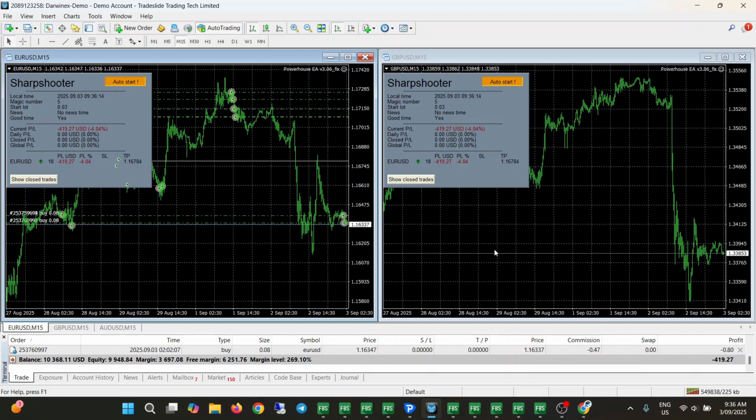But basically I had this laptop closed last night because all the accounts were invalid, and it could have actually closed here, this one here. So we're in a bit of drawdown right now. It's not a whole heap, but I've got this set to close at negative 15%. And if that happens, well, that will suck, because that will really hurt my DarwinX account. It's just a demo, but yeah, it's pretty good. So this is just Sharpshooter trading EU and GU, and it's made $368 in about the month.